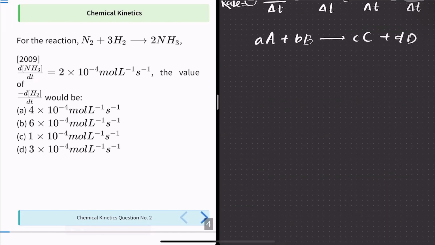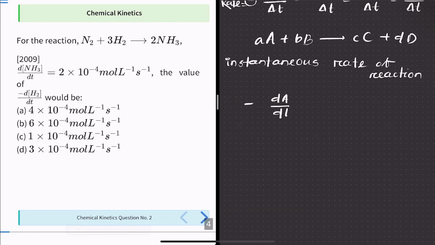Okay, so the instantaneous rate of reaction would be minus dA by dt, but here we need to put the coefficient a in the denominator part.